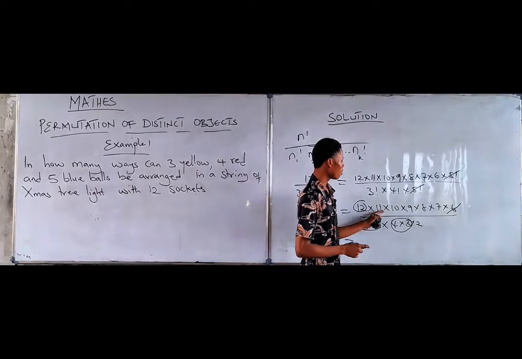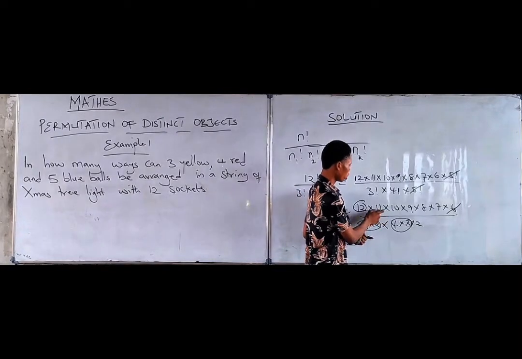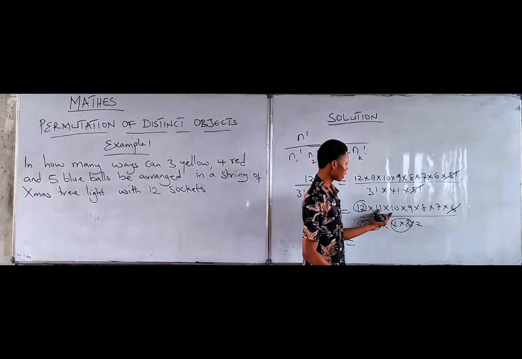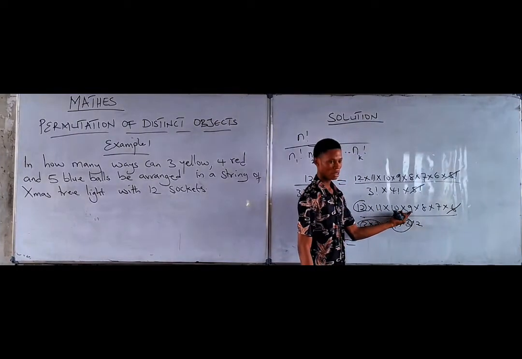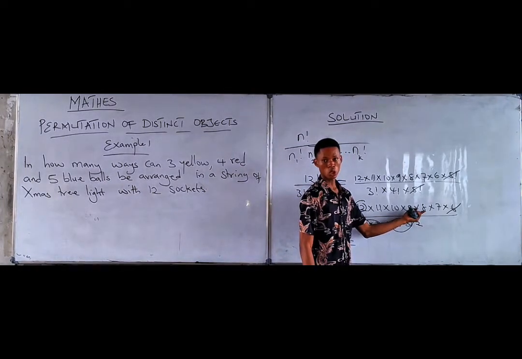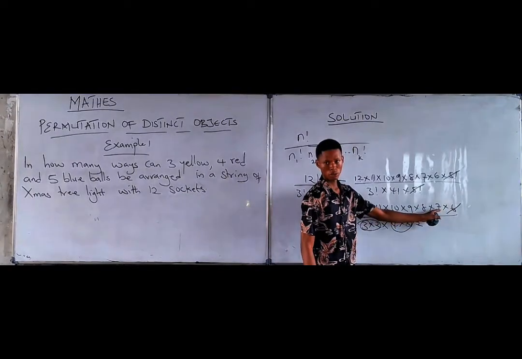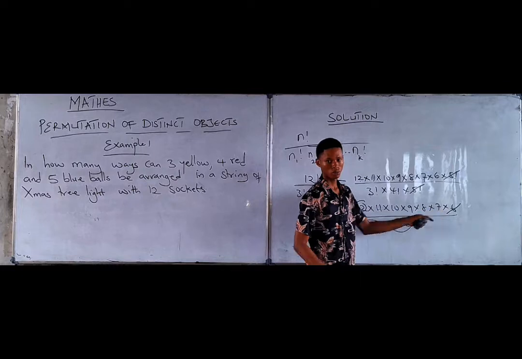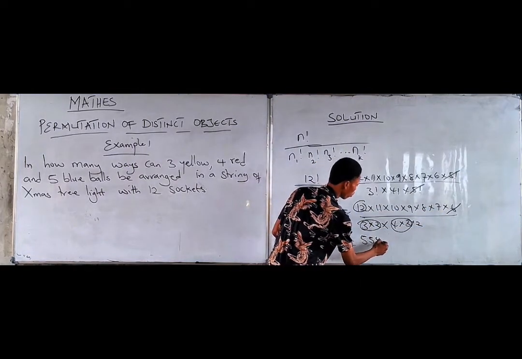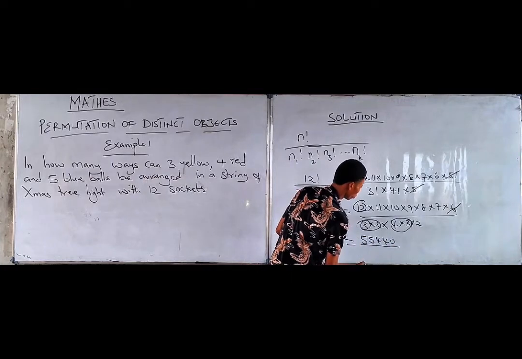So 11 times 10 is 110, is it? 110 times 9 is 990, right? 990 times 8 is what? Times 7. That gives 55,440 all over what?